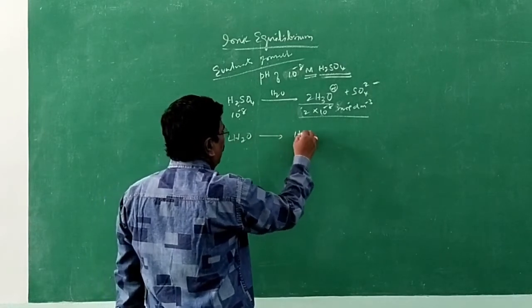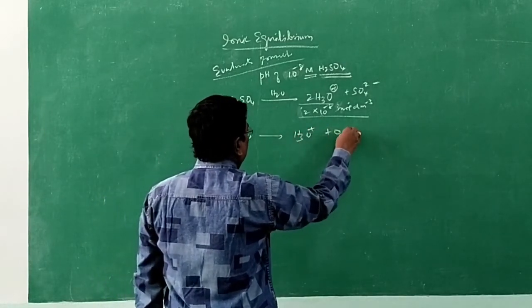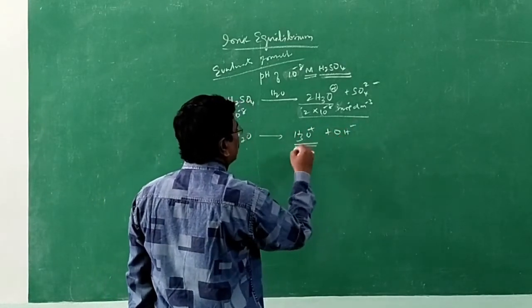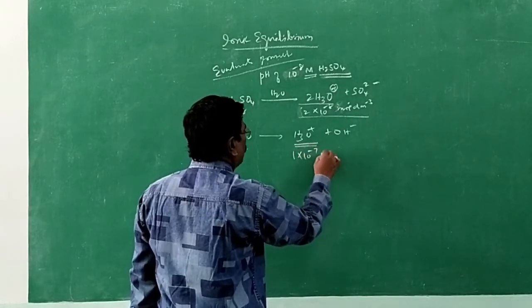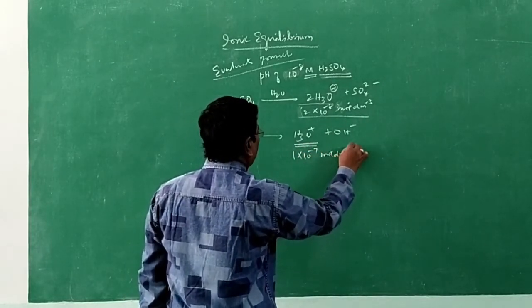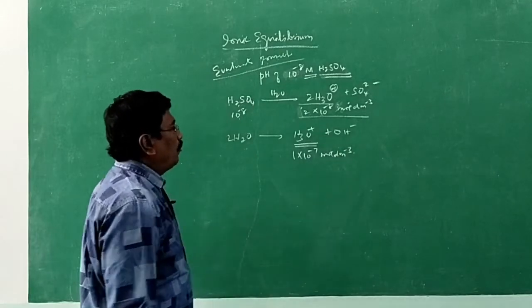Hydronium ion concentration plus hydroxide ion concentration. We need only hydronium concentration, 1 in 10 power minus 7 mole per decimeter cube, neutral solution, all water. So we have to add both.